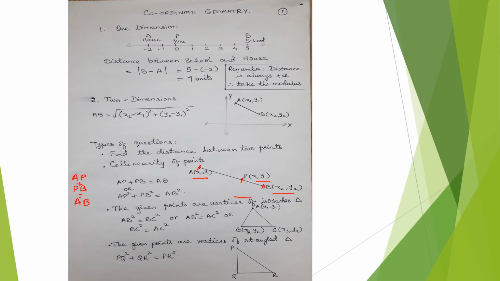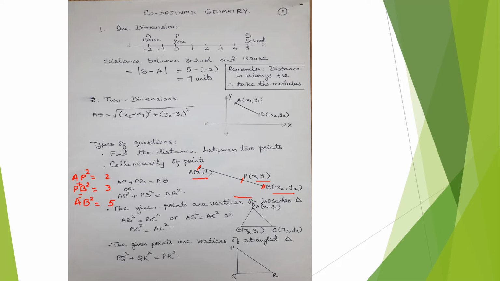Now, when you have values like, suppose AP is equal to root 2 and PB is equal to root 3 and suppose AB is equal to root 5, how do I add root 2 plus root 3? Not possible. So what we do is we instead find out AP square. When I do AP square, this root 2 will become 2, and PB square will be 3.